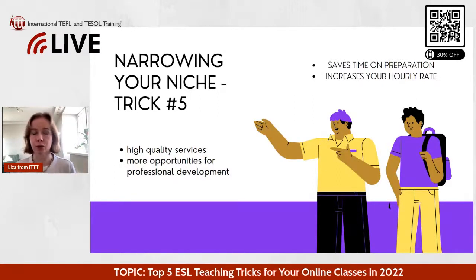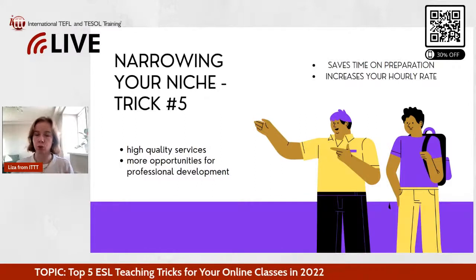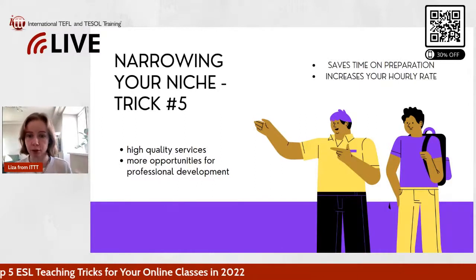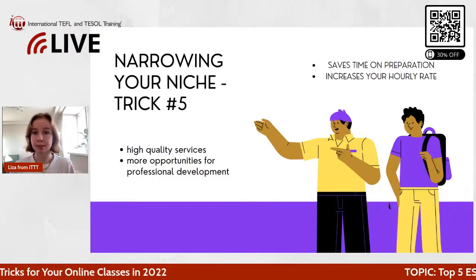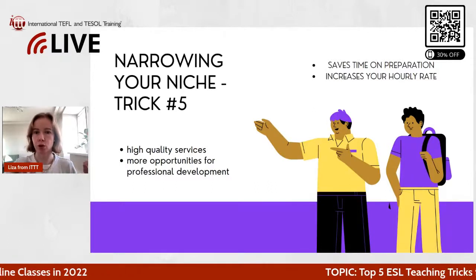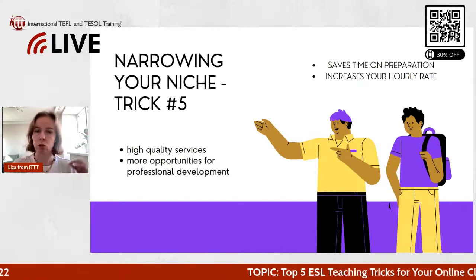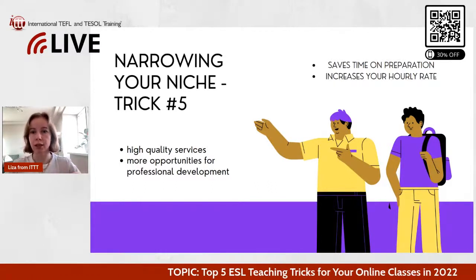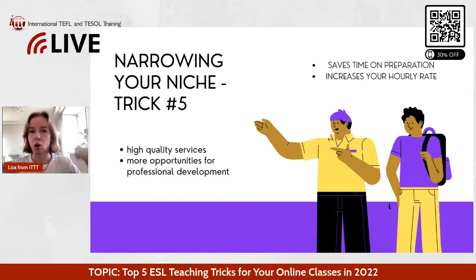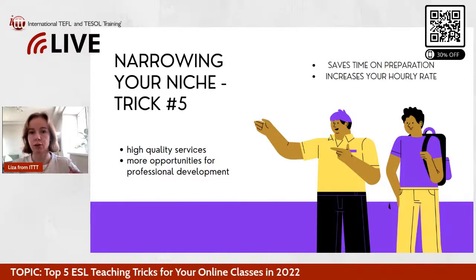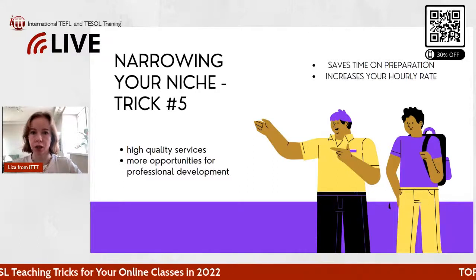And if you want to narrow down even more, find something that is important for your young students and offer that to them. So in my case, it was offering teenagers this exam preparation.